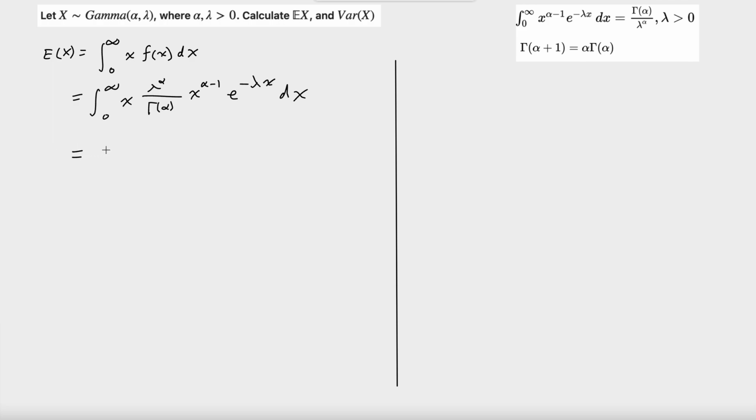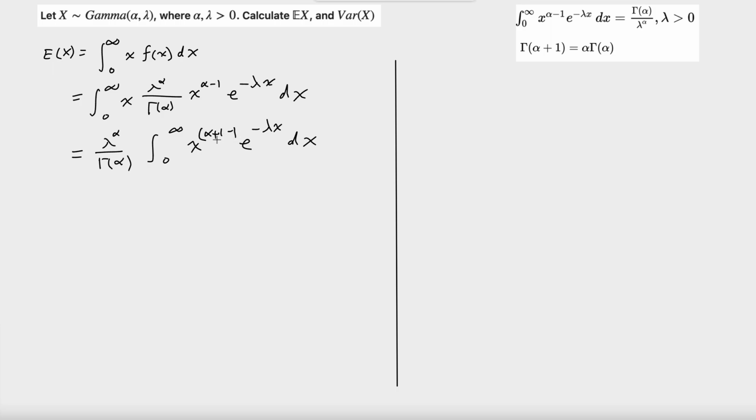This is equal to lambda to the alpha divided by gamma alpha, times the integral from 0 to infinity of x to the alpha times e to the negative lambda x, dx. Now we're going to write this as alpha plus 1 minus 1.